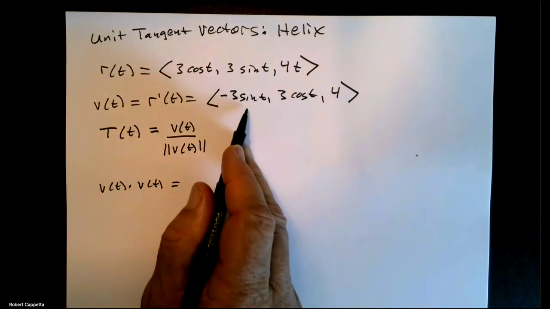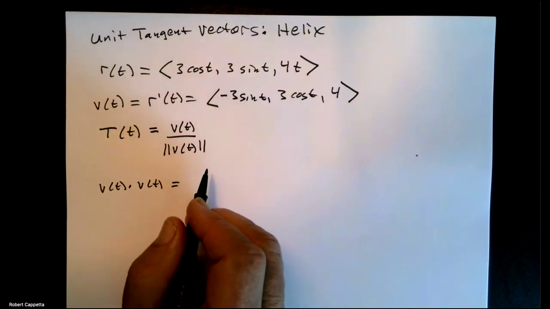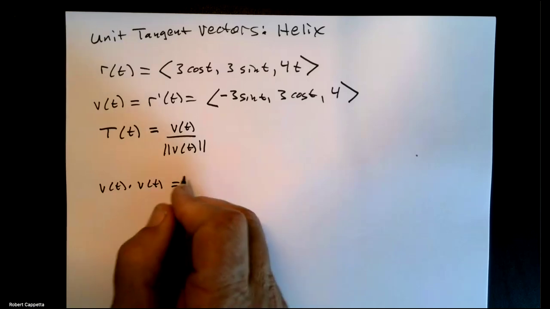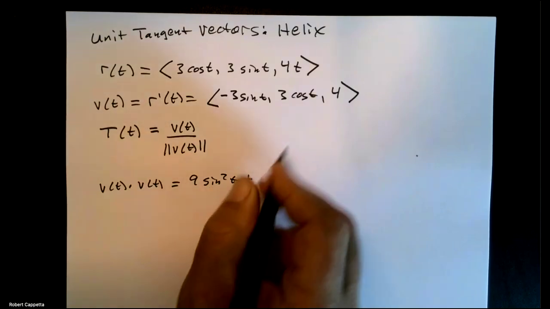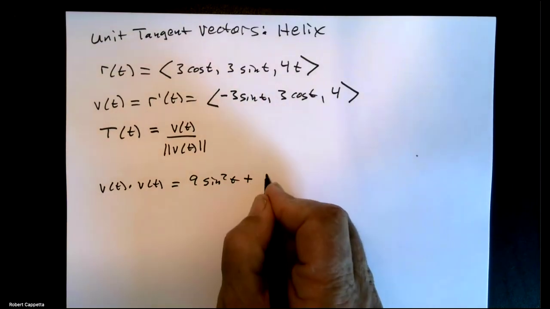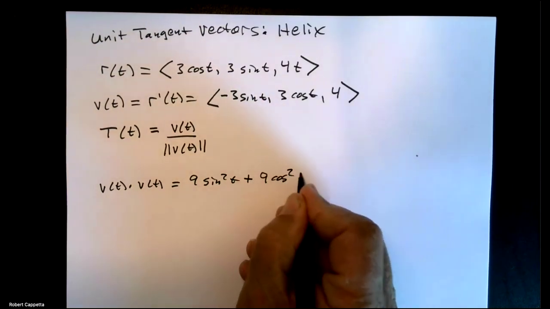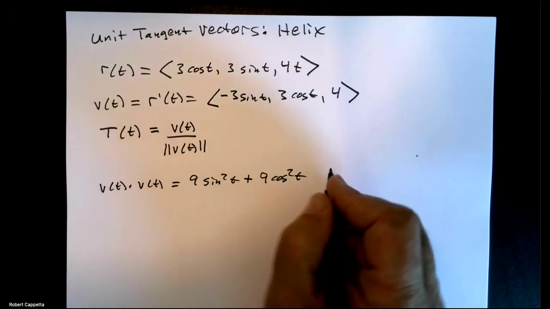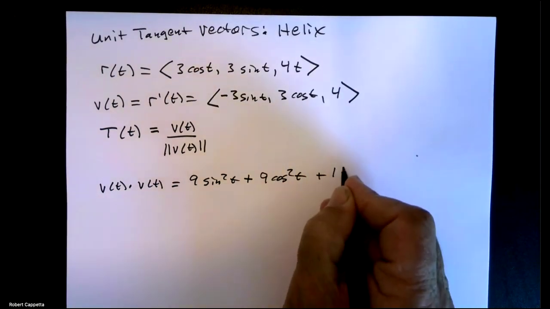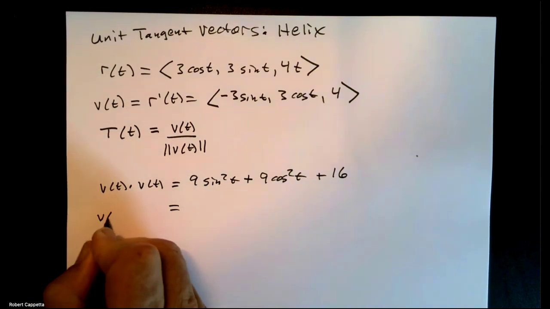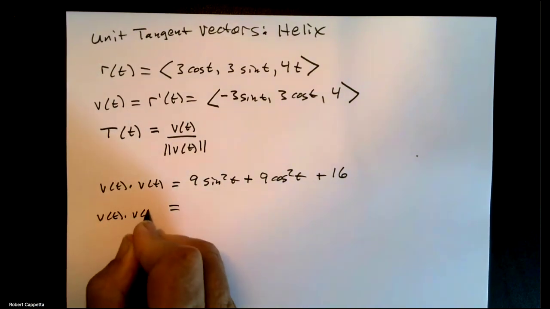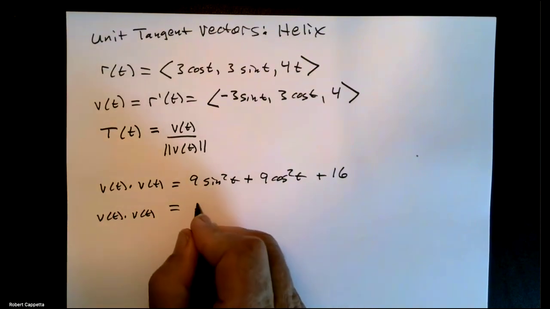So negative 3 sine t times negative 3 sine t, which would be 9 sine squared t, plus 3 cos t times 3 cos t, which is 9 cos squared t, plus 4 times 4, which is 16. So what do we get here for v of t dot v of t? 9 sine squared plus 9 cos squared.